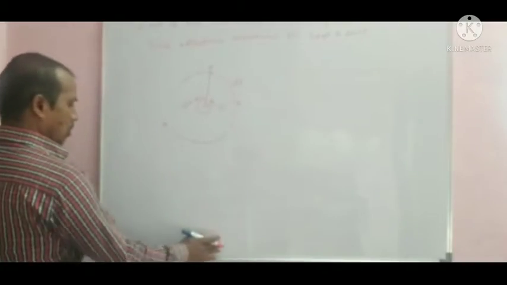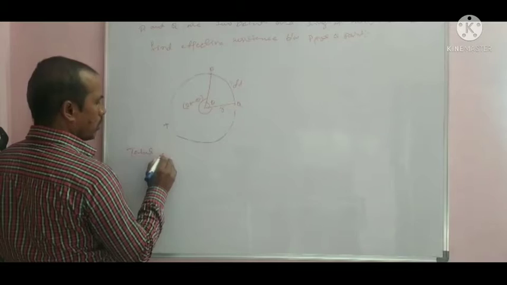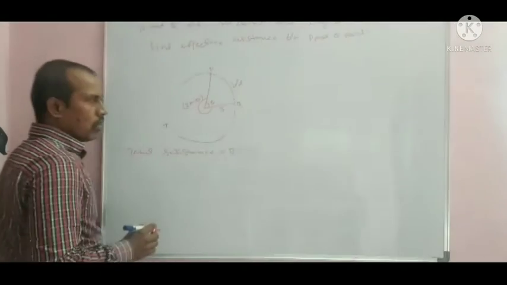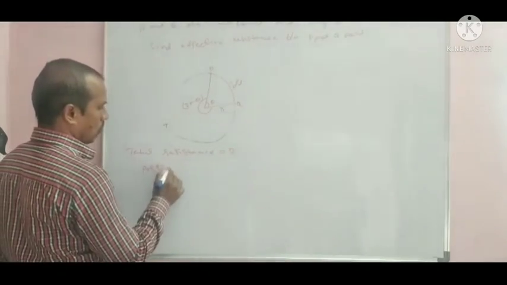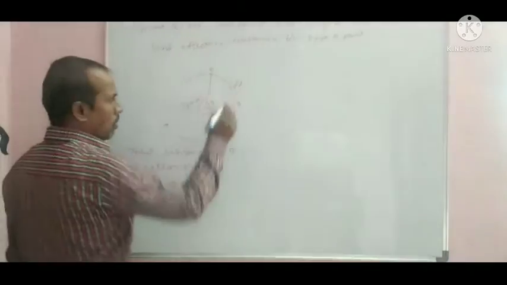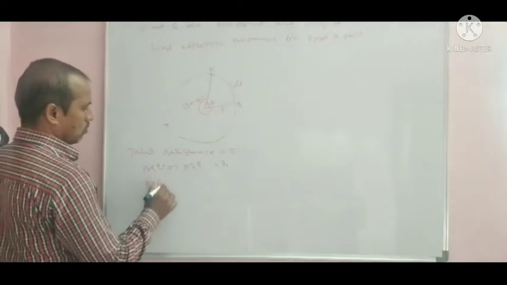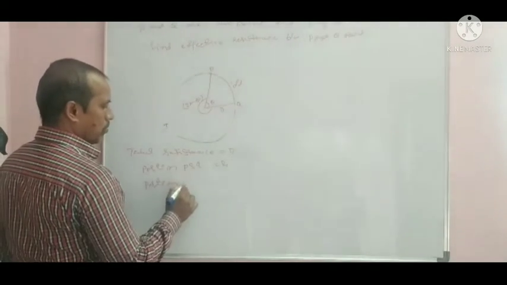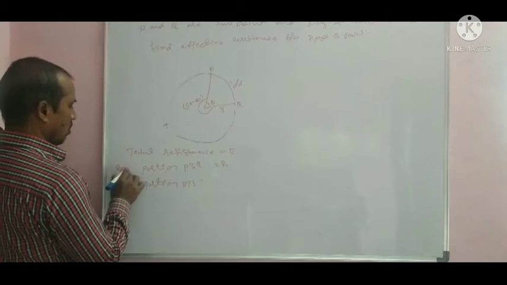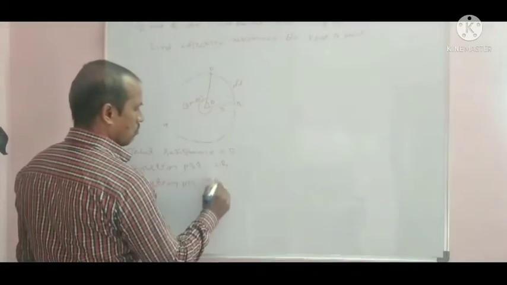First of all, find the total resistance R. The portion P S Q has resistance R1, and the portion P T S has resistance R2.